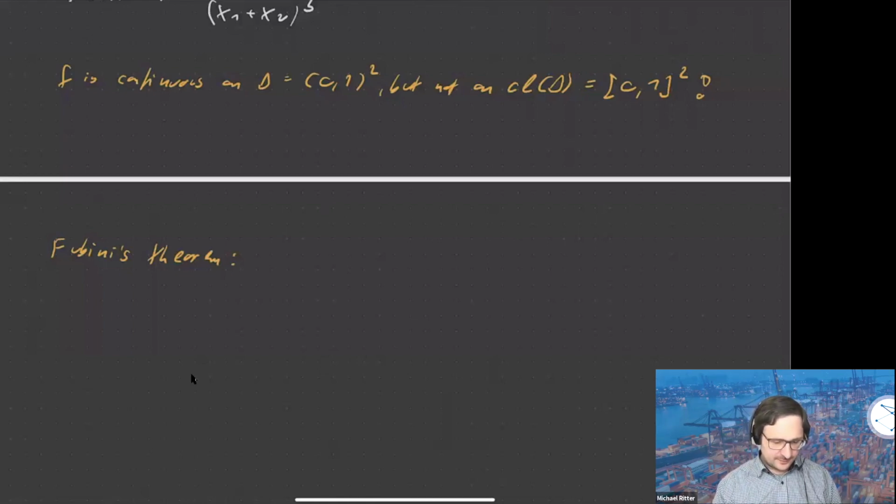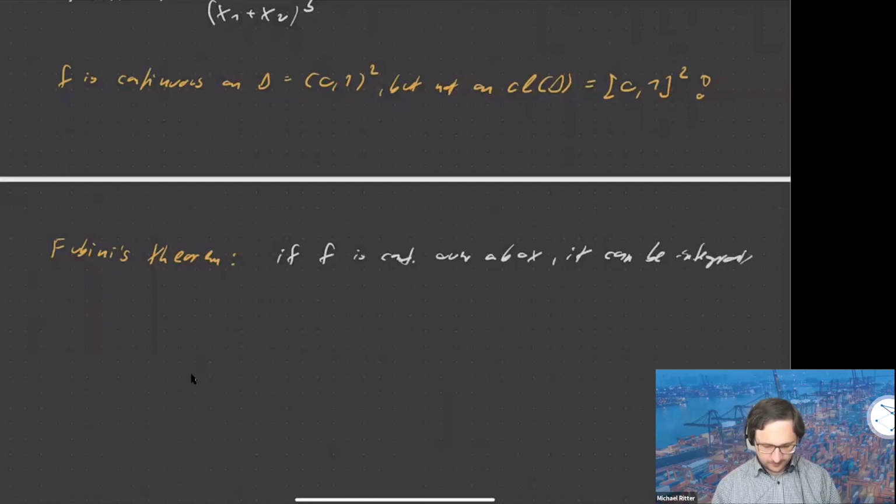Okay, so if f is continuous over a box, it can be integrated over that box, of course. And second part, if f can be integrated over a box, then the order of integration doesn't matter.